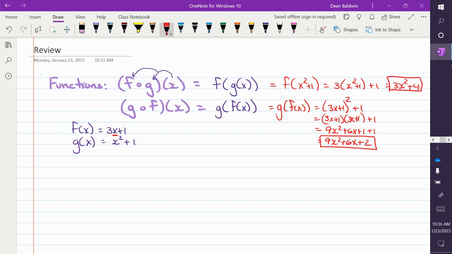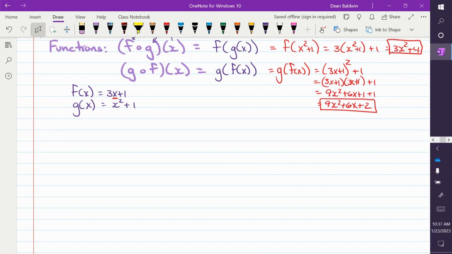The only other thing from the first chapter is, and we touched on it briefly, but it came back in transformations, if I have f to the minus 1 of x. What is that? It's the inverse.